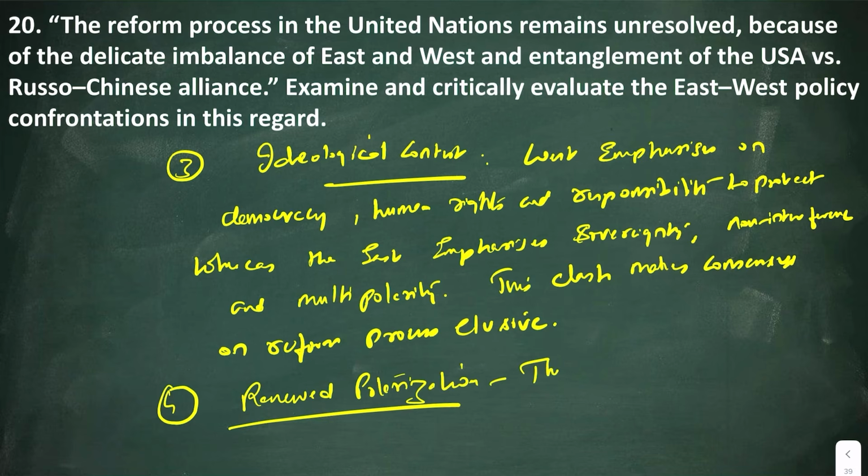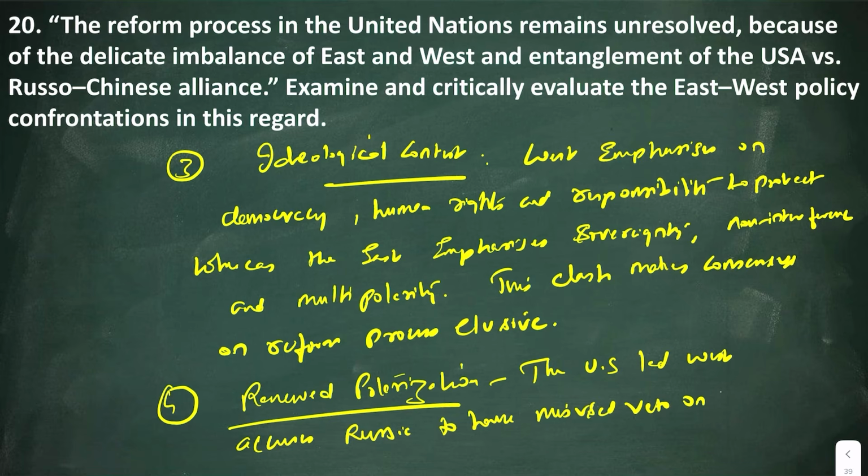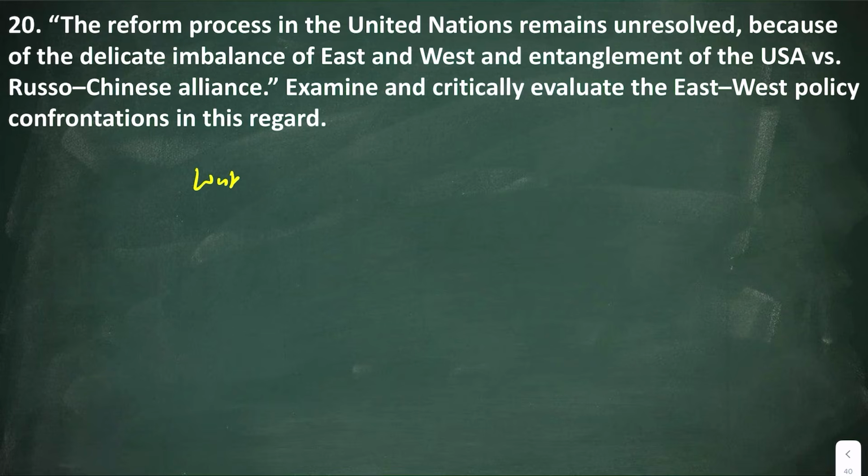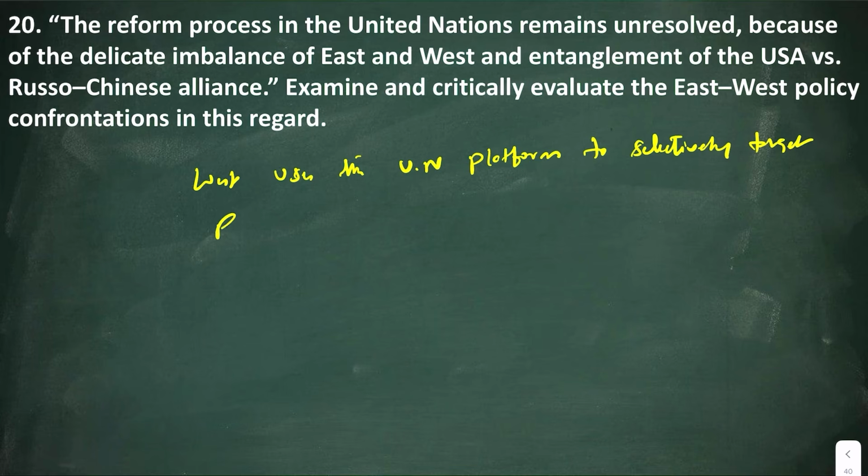The US led West accuses Russia to have misused veto on Ukraine, but Russia China argue that West uses the UN platform to selectively target Russia-China alliance and their allies.